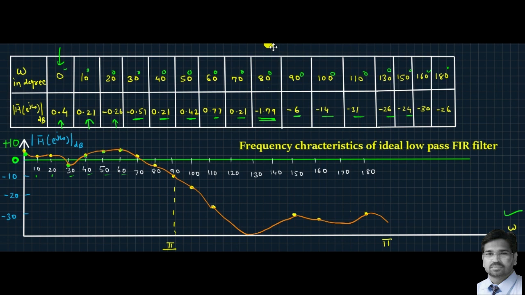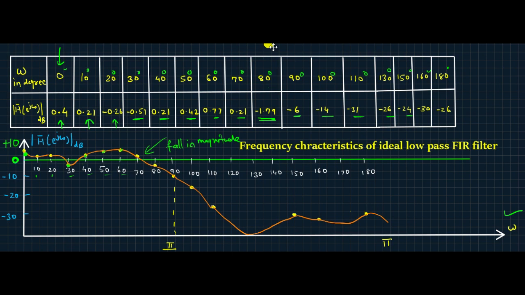And here we are getting different points for the different values of omega in degrees. So here the magnitude of frequency response starts falling. Sorry, it's not gain, I keep saying gain.